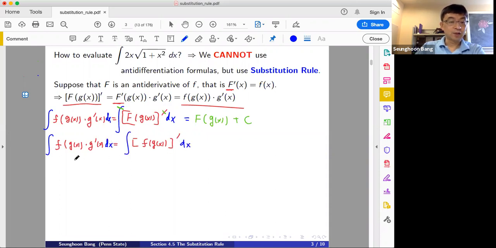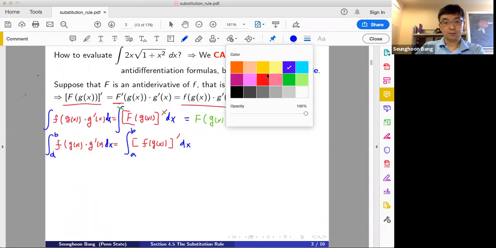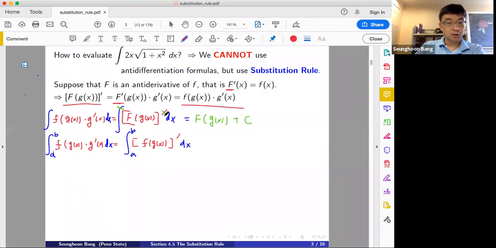The only difference is you write the lower limit and upper limit. This is the definite integral version. So what happens? The integral and the derivative cancel, and we have capital F of g of x from a to b.